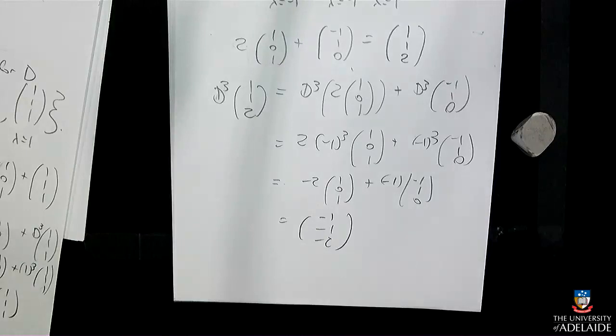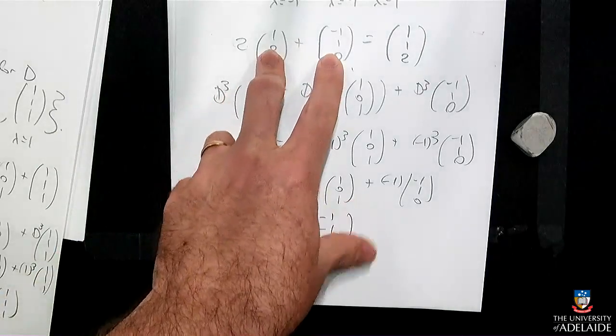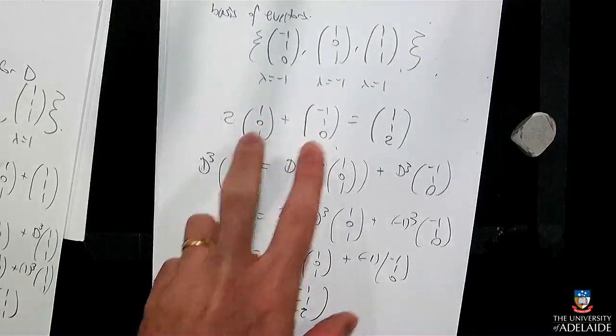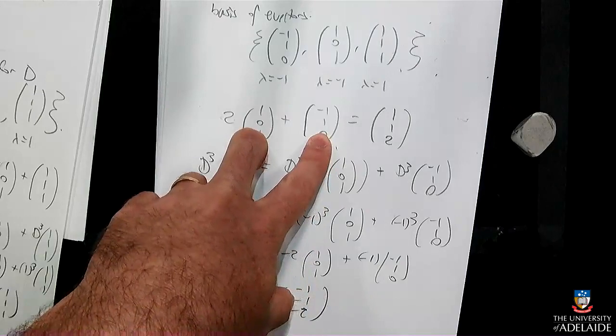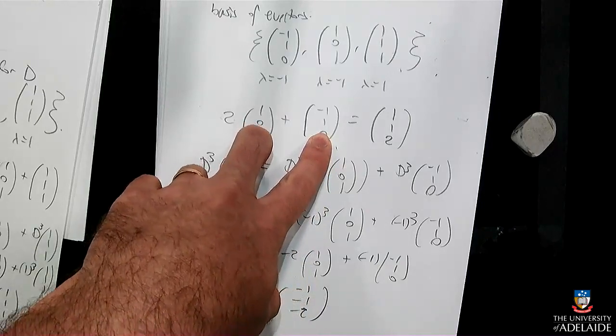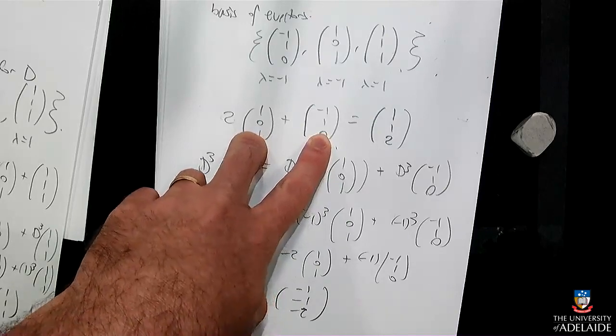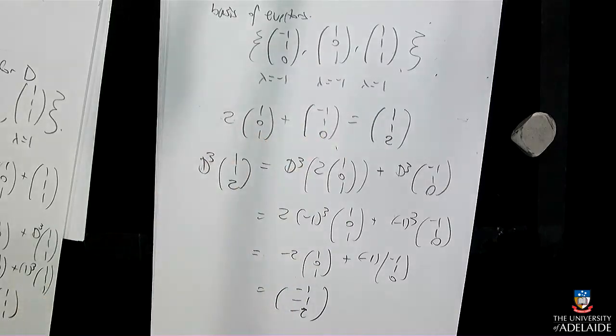It's an eigenvector. And do you know how I know it's an eigenvector? Without doing this, it's a combination of two eigenvectors that have the same eigenvalue. Since both of these have the eigenvalue negative 1, any combination of them has to as well, because they make an eigenspace. That's the point of eigenspaces. Any combination of eigenvectors with the same eigenvalue is a new eigenvector with that same eigenvalue.